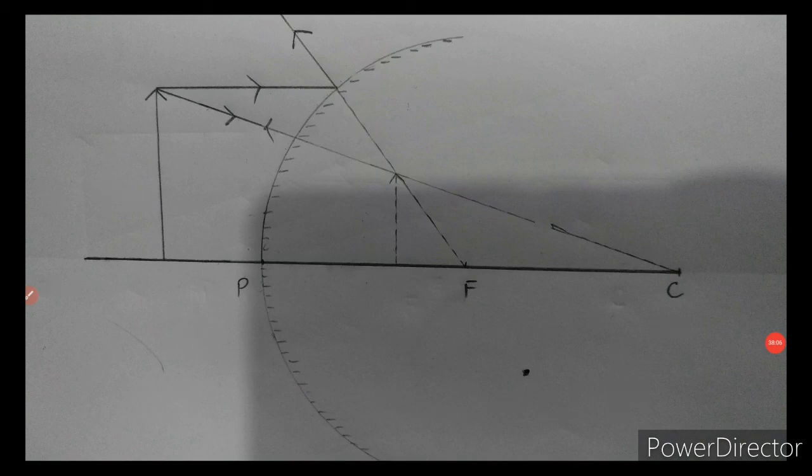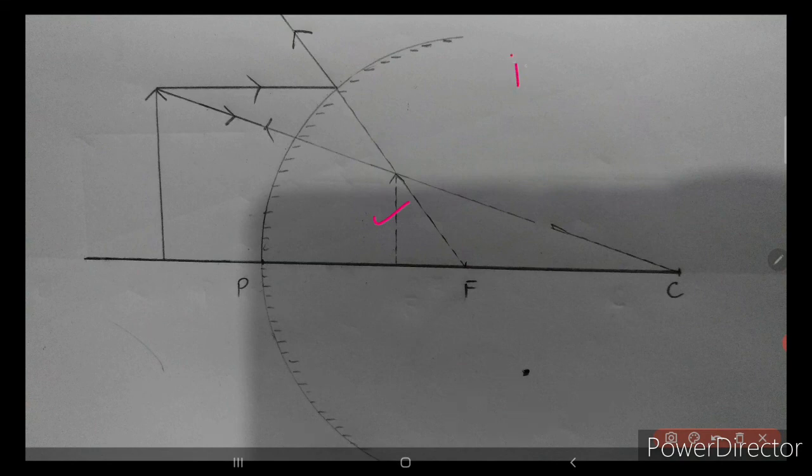So here is my complete diagram, where you can see one image is formed. Trying to write the nature: number 1, it is virtual, because it is formed when the rays appear to meet, they are not actually meeting. Number 2, it is upright.